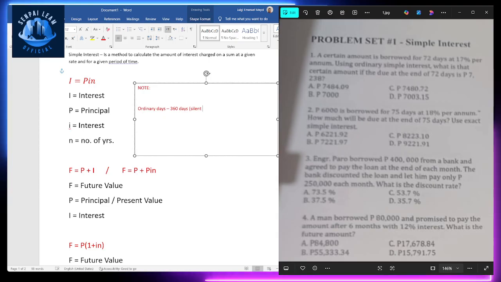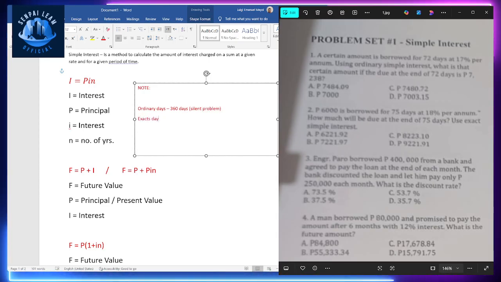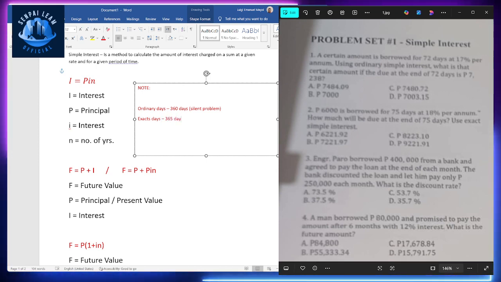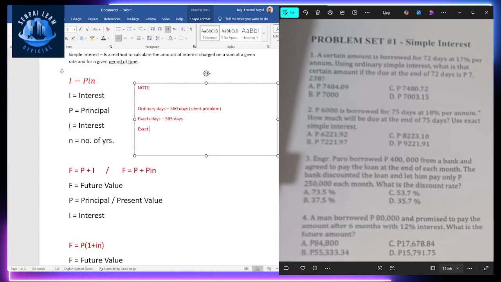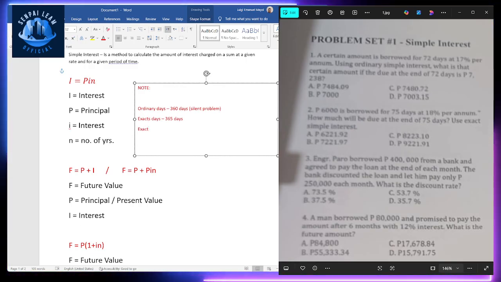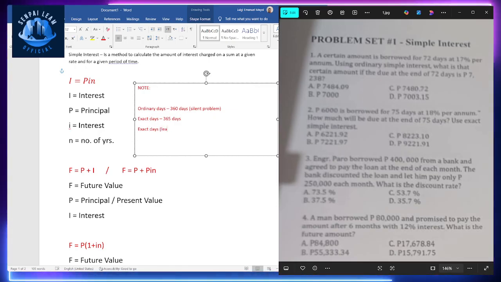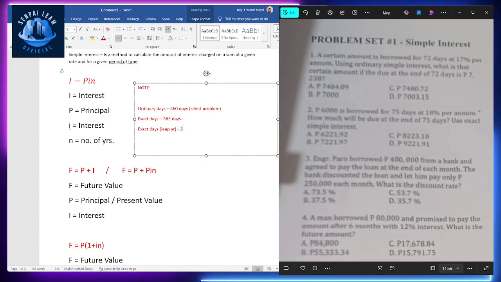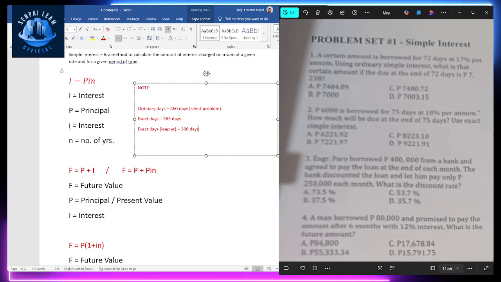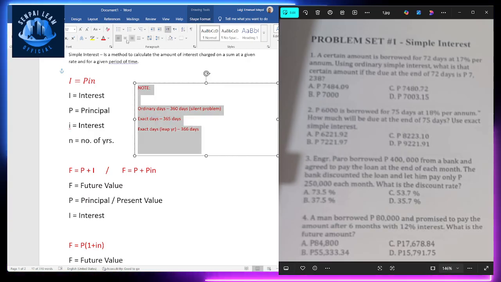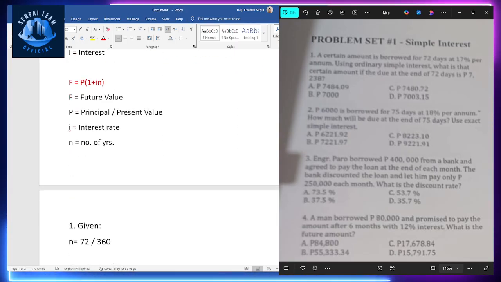If exact days, it is 365 days, and if it's exact days on a leap year, that is 366 days. So always take note of that in the problem.